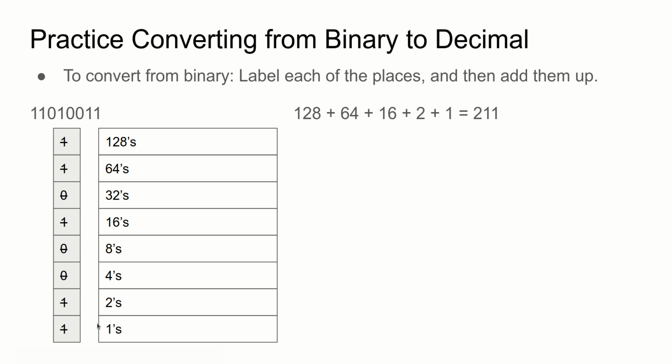It actually doesn't matter whether you start at the lowest or the highest, but it's normal to start from the left to the right when we're looking at the place values, the largest and most significant. So we can take any binary number, and we can do this with that number. It actually doesn't matter how large the number is or how long it is, because we can start to label at the 1s and the 2s and the 4s and so on, and just keep going for however large that number may be.